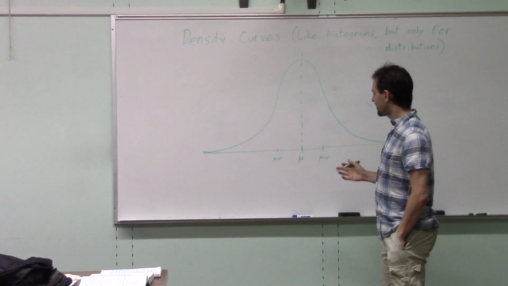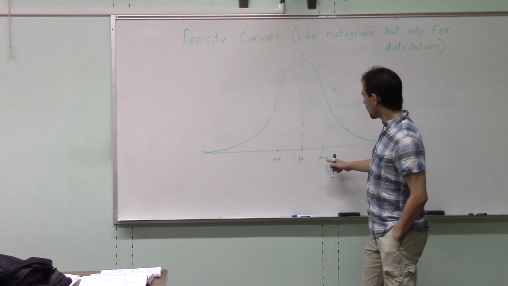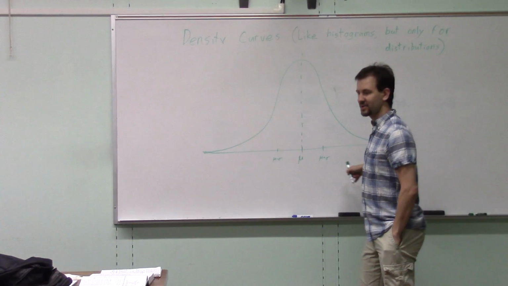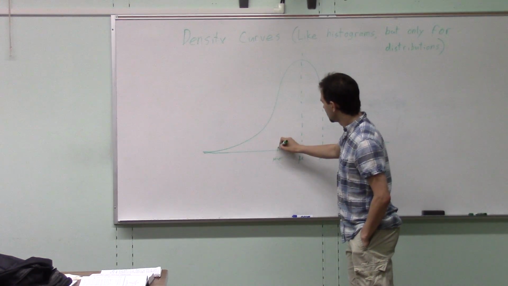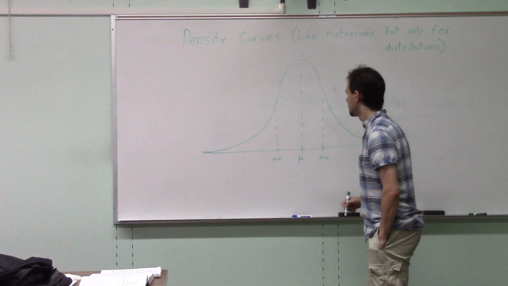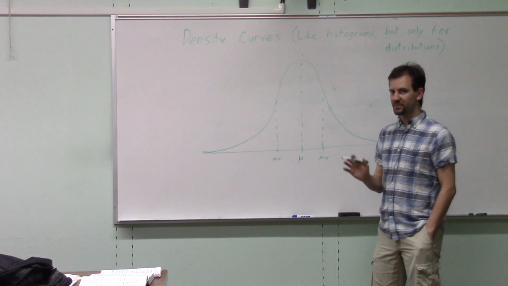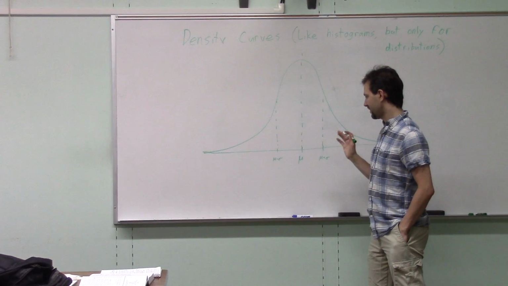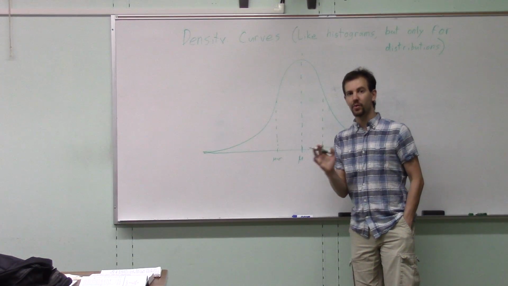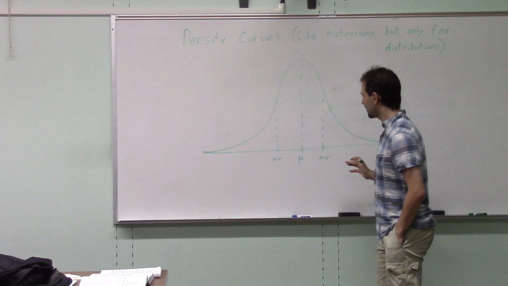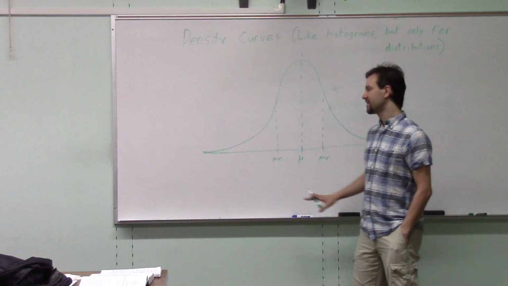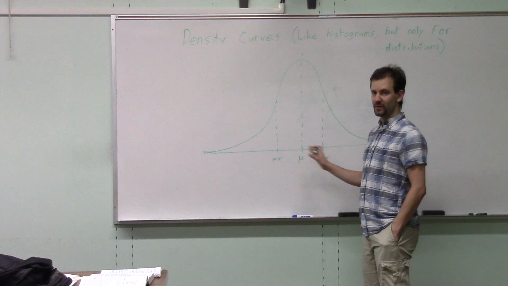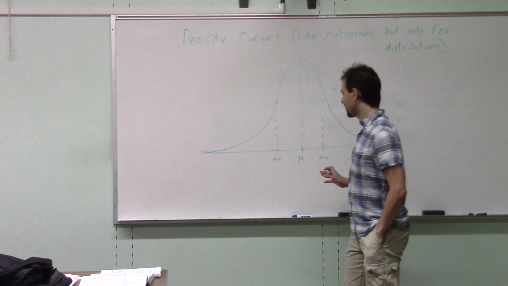And then on top of that, if you go 1 standard deviation in each direction, 68% of data points in a normal distribution will have z-scores somewhere between positive 1 and negative 1. They'll be somewhere between 1 standard deviation above and 1 standard deviation below the average.